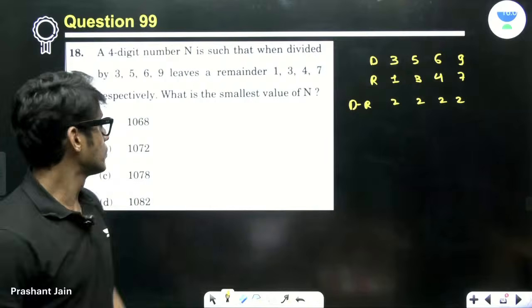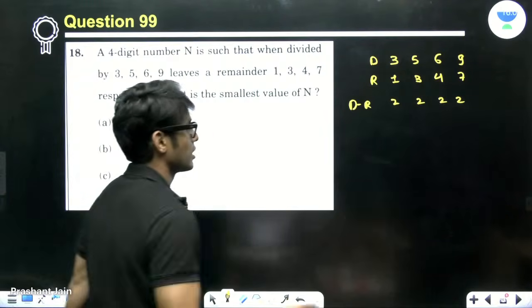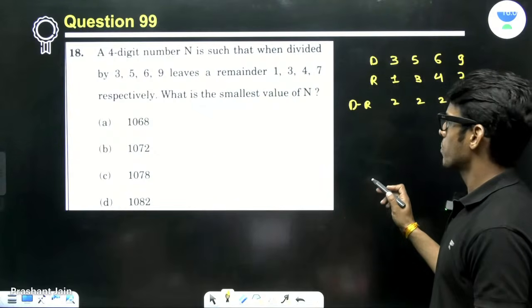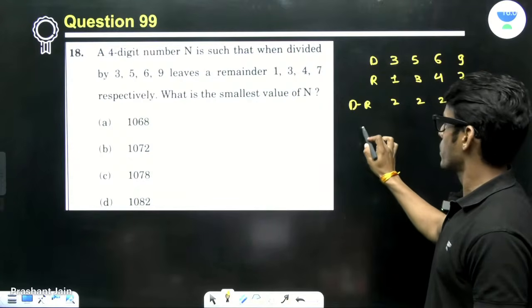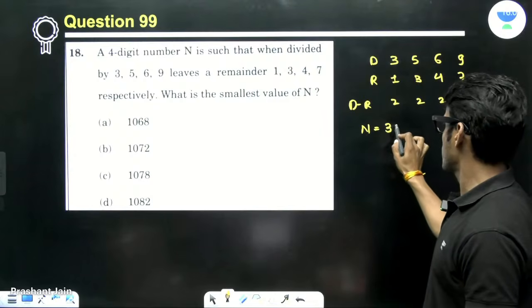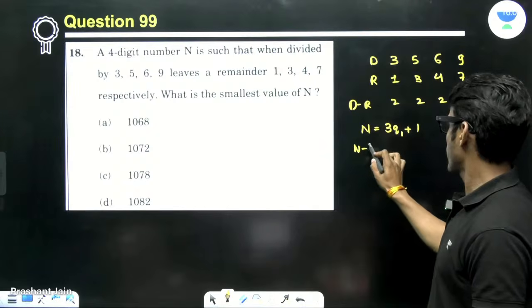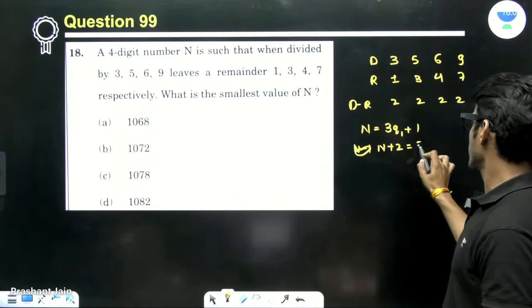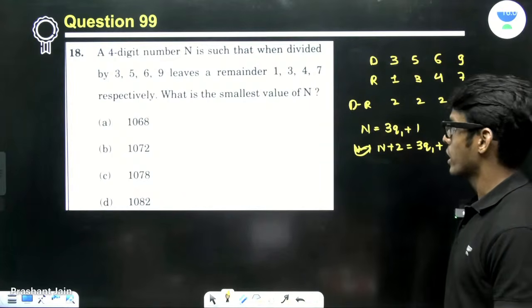In such cases, this number n is 3q1 plus 1, so n plus 2 is 3q1 plus 3. Just look very carefully.